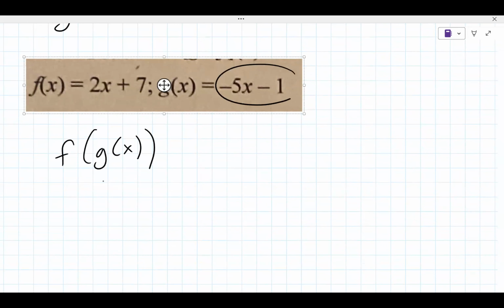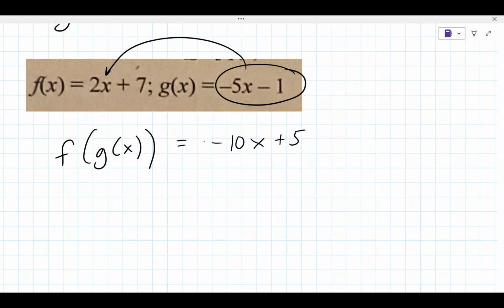You're taking g of x and you're putting it in for that x. minus 10x plus 5. All right, good. Okay.